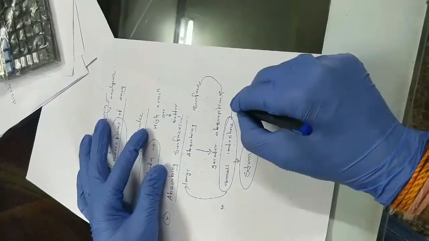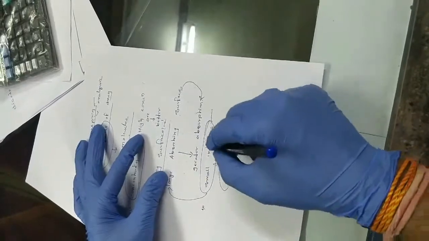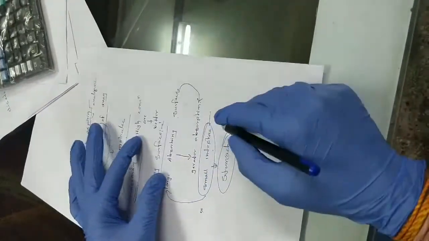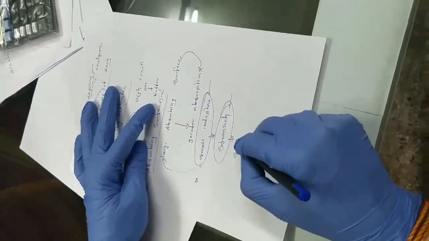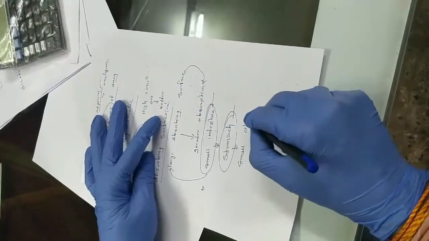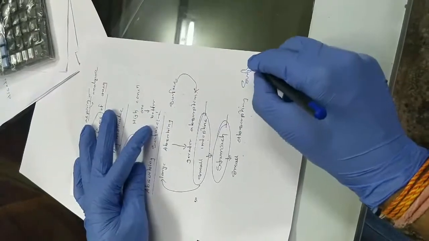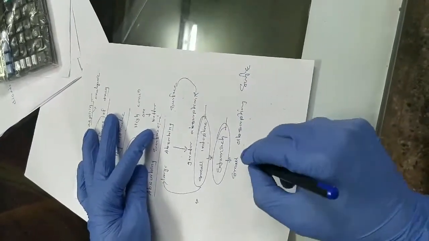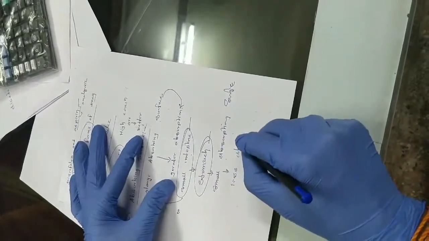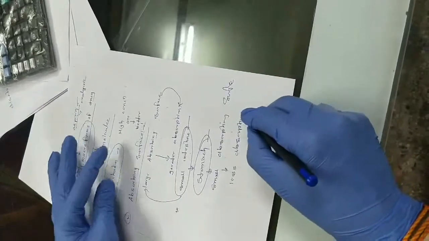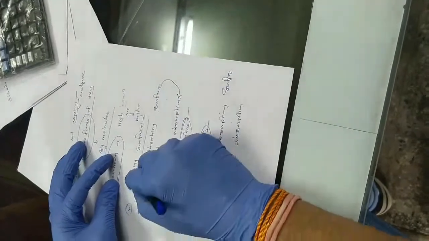See the length of the small intestine, see the length of the stomach. The stomach is very small as compared to the small intestine. A small absorbing surface means less absorption. Okay, that is how they affect the absorbing surface.